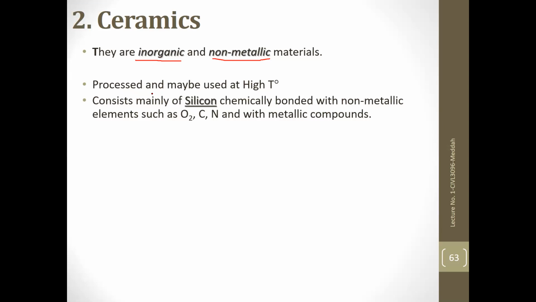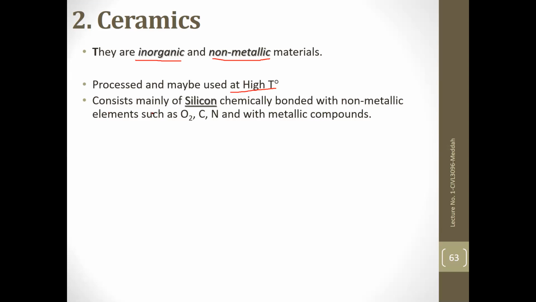Also, usually to process ceramic materials you need high temperature, unlike polymers, which we will see later on, and also metals. Metals sometimes need a high temperature, but for some metals we need just a moderate temperature.